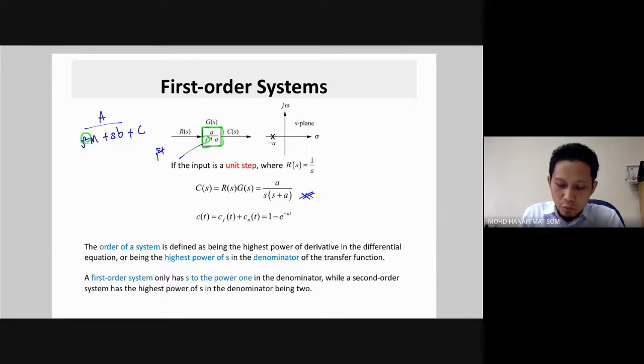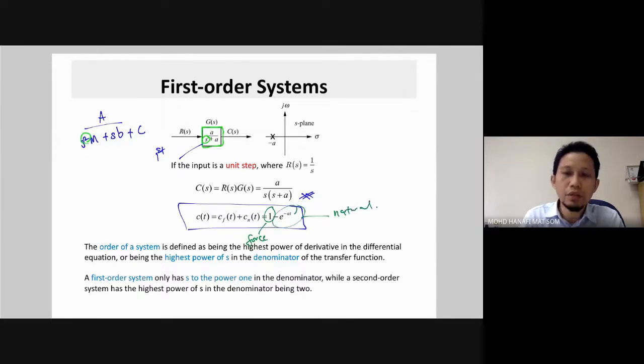When you see the response here, 1 minus exponential negative at, we can classify them: this is the forced response and this is the natural response.